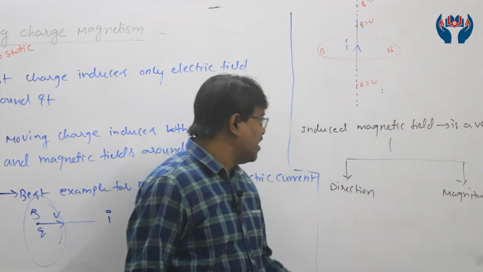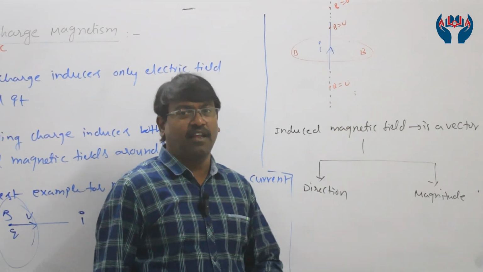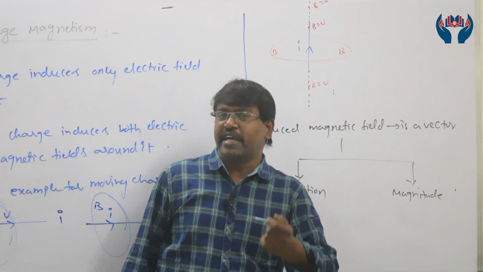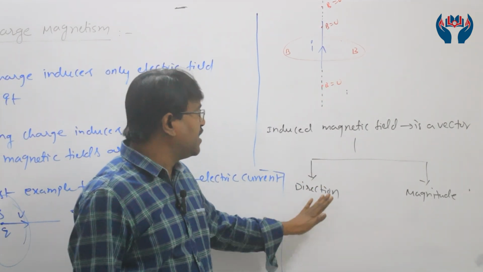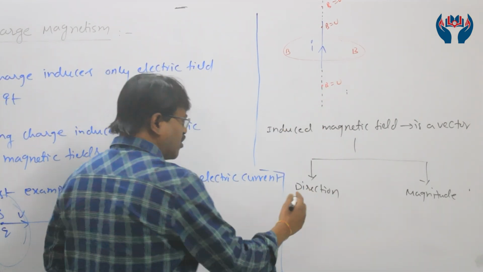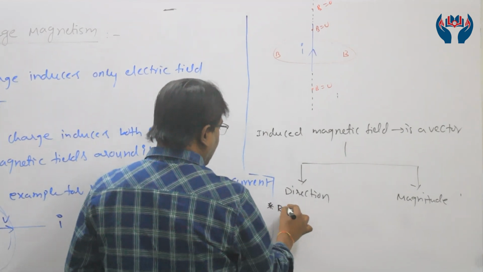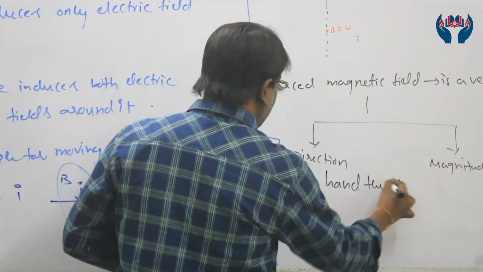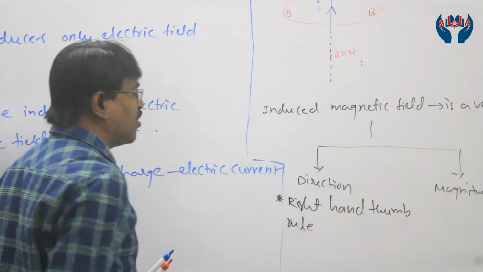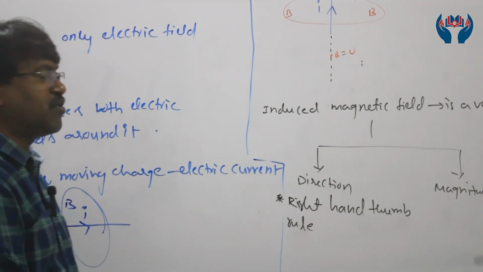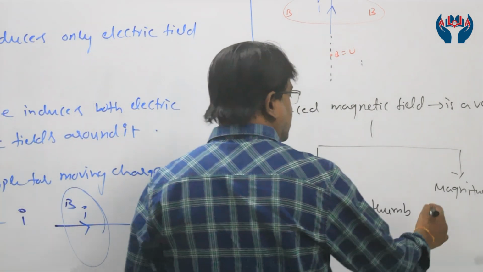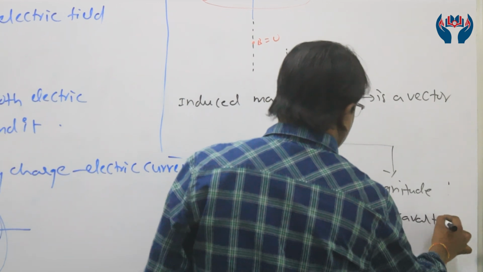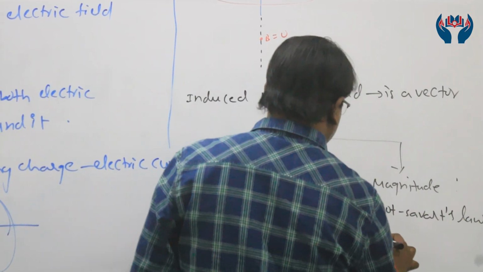So we have to measure the direction of the induced magnetic field and also its magnitude. How can we measure the direction of the induced magnetic field? By using the right-hand thumb rule. We can measure the magnitude of the induced magnetic field by using Biot-Savart's law and Ampere's law.